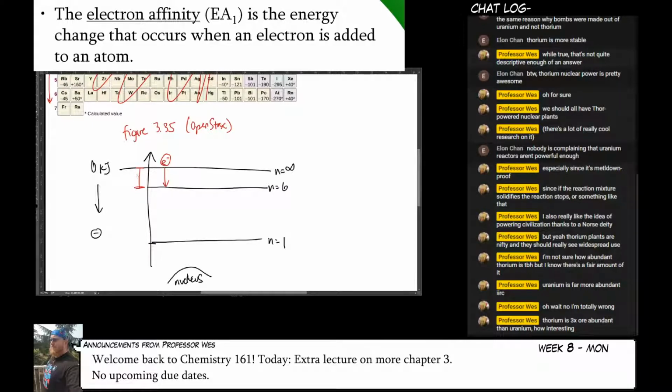So this will be a small negative number. But if I drop an electron and it goes further, then I get way more energy back. So we'll call it value.